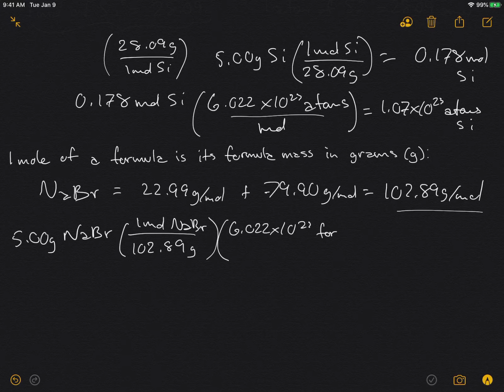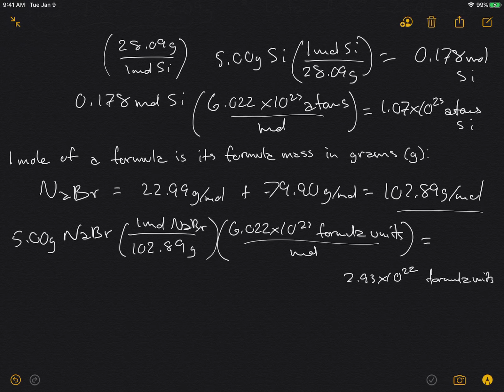And this time we're going to put in formula units per mole. So we get 2.93 times 10 to the 22 formula units of sodium bromide. So that's how we would find the number of formula units. You would do the same thing for a molecule.